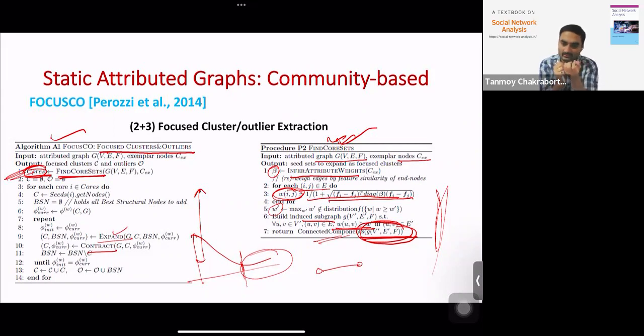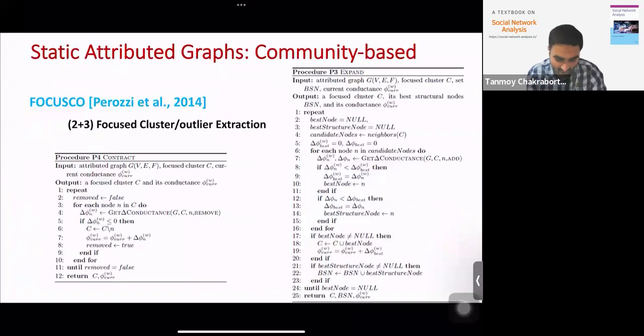So you allow the cluster to grow, to mature, expanding, contracting, and so forth, and you stop when you see there is no further chance of improvement. Whatever nodes have been removed through this process are outliers with respect to that cluster. Similarly, you take another core, expand, contract, and you do that. This is the idea.